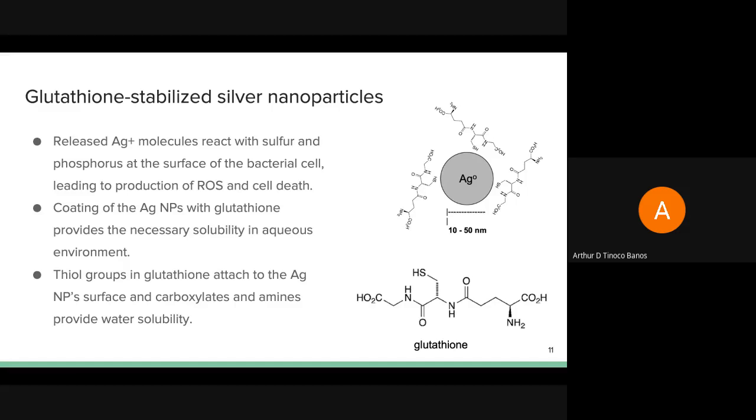My curiosity comes from this coating of the glutathione. We know glutathione exists in both its oxidized and reduced form in the cellular environment. In this context, supposedly the glutathione is helping to provide solubility, but I also wonder if it's facilitating some sort of redox activity of the silver itself.